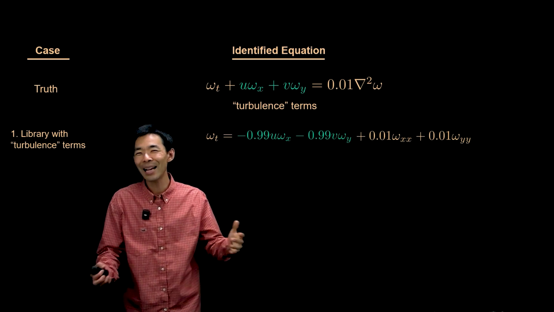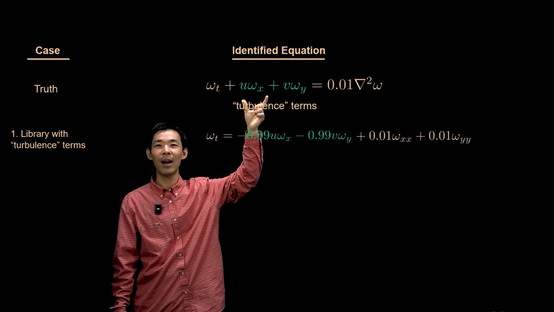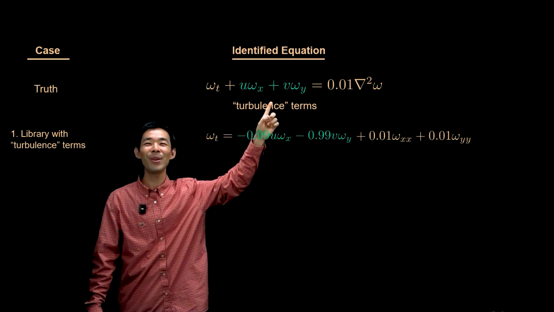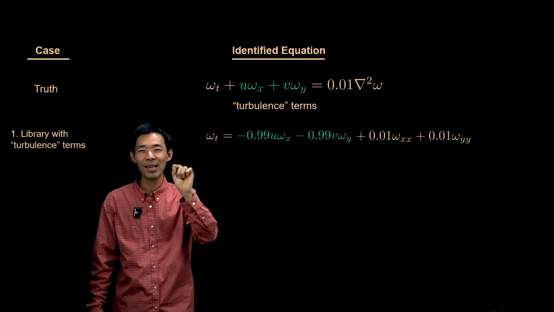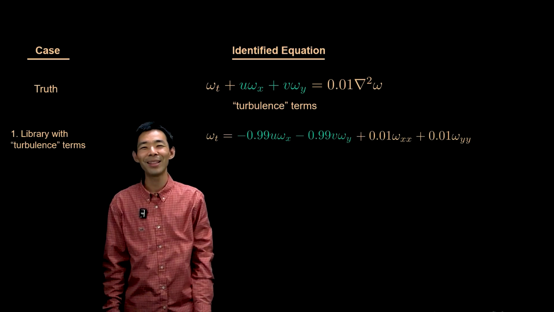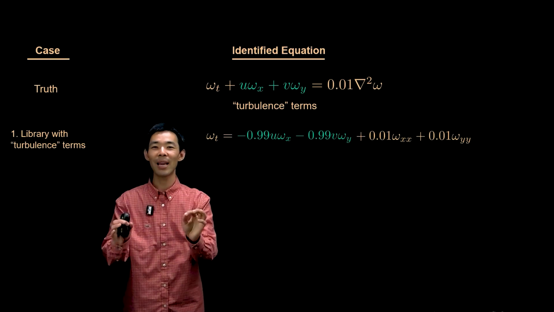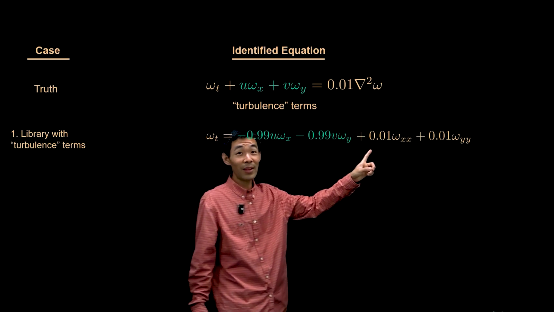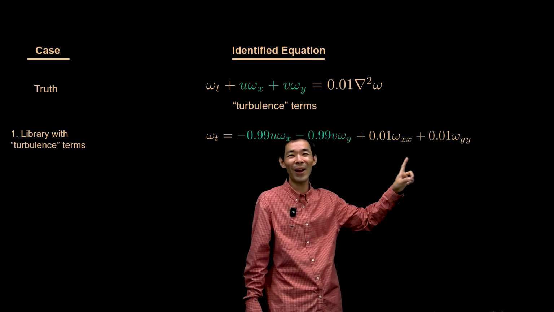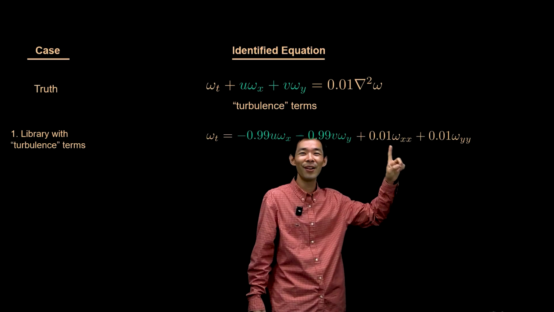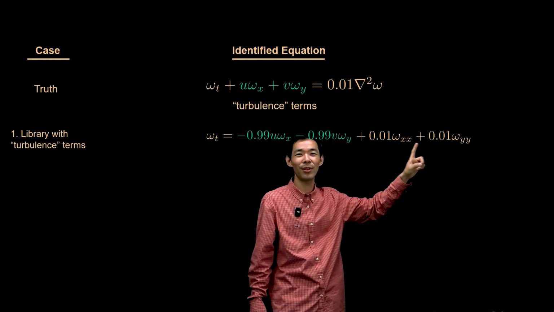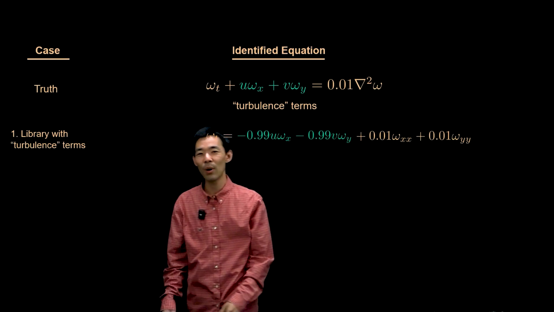So you exactly get the turbulence terms you see right here. I just moved this over to the right-hand side, so that's why I have a negative sign in front. But you exactly get this v dot grad v term in the Navier-Stokes equation. So you spot on capture the right terms for the inertial terms. Plus, you even get the viscous terms. You even get the right terms for the viscosity. So 0.01 Laplacian of omega, which is the sum of these two guys in xx and yy.